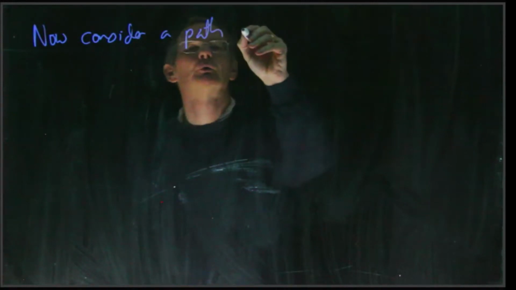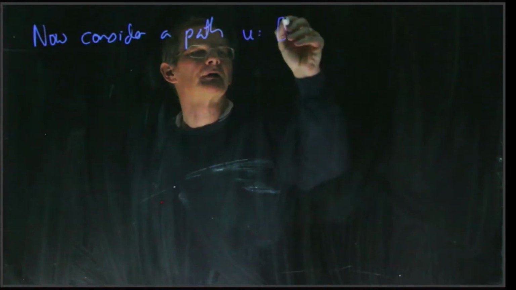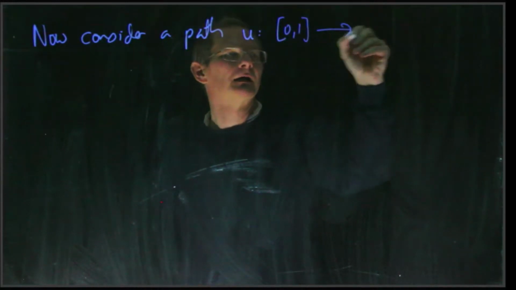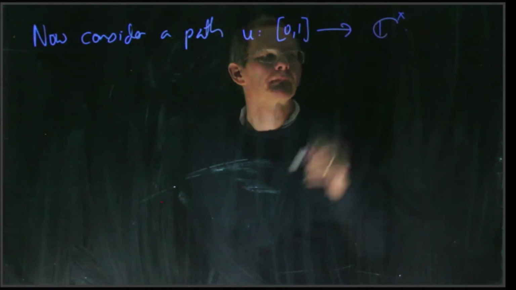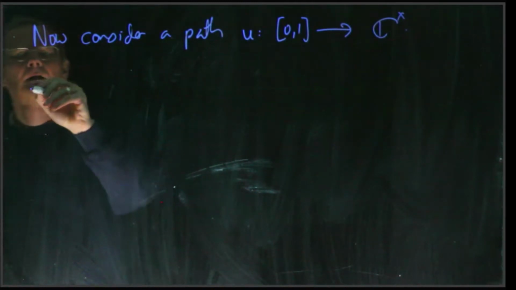Let's now consider a path, let's say u, from the unit interval into the non-zero complex numbers.